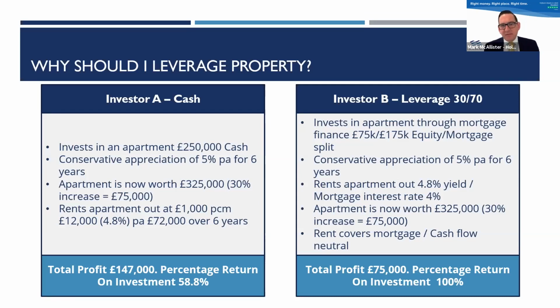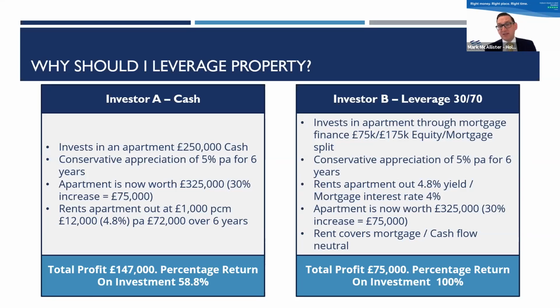If you've read Rich Dad, Poor Dad already, this is pretty much the punchline to that book. So how do you grow your wealth using other people's money? Well, let's say the first brother pays for it in cash, £250,000. Say it grows to be worth about £325,000 in 6 years' time. So he's made a profit of £75,000.